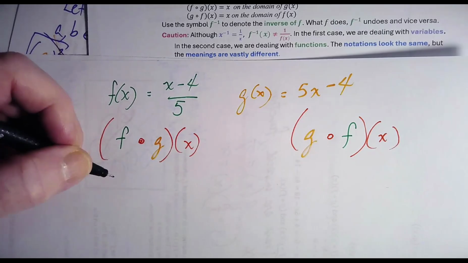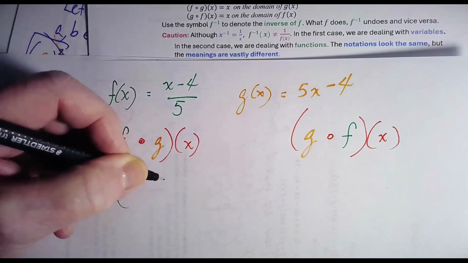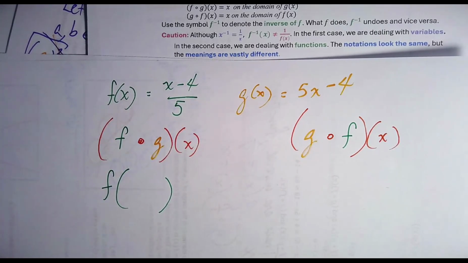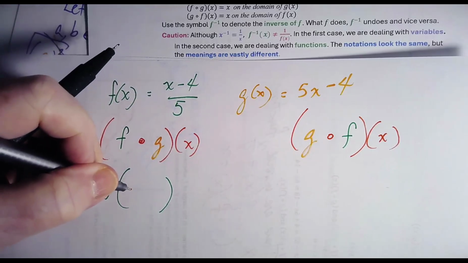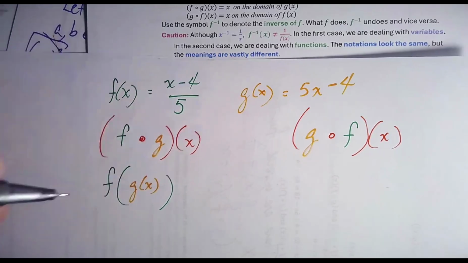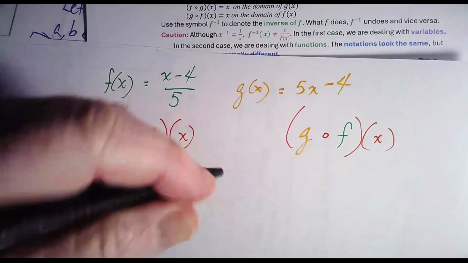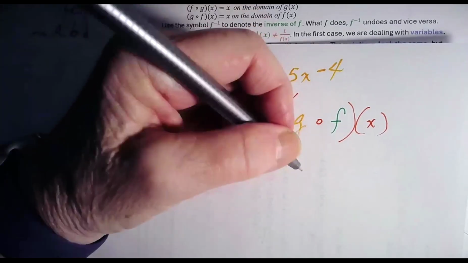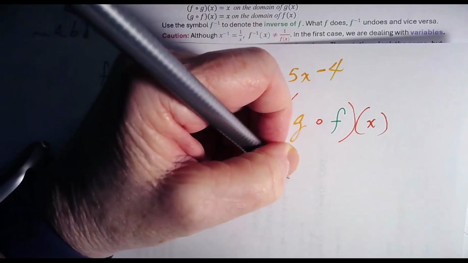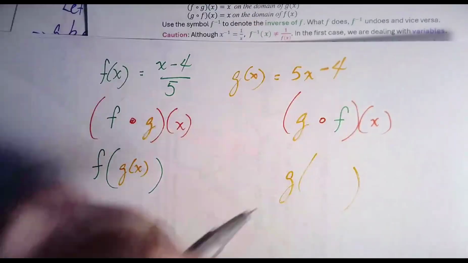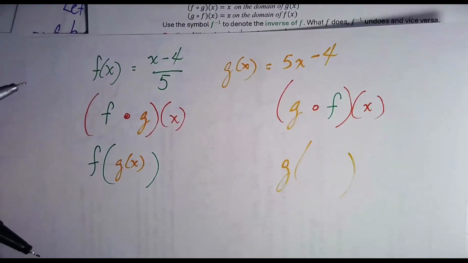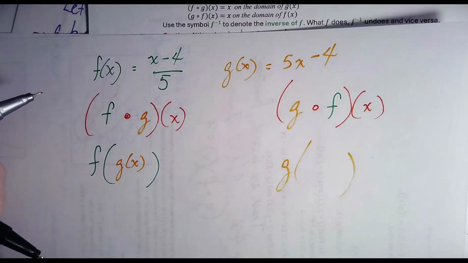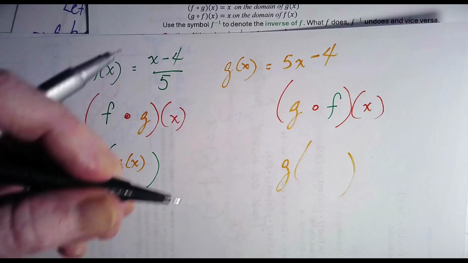The F. Good. And which one goes on the inside? The G. Very good. And over here, which one goes on the outside? The G. And on the inside? F is (x minus 4) over 5.